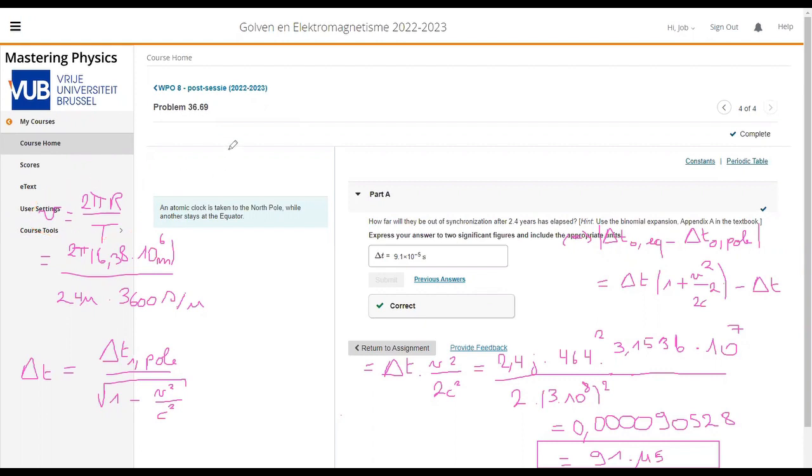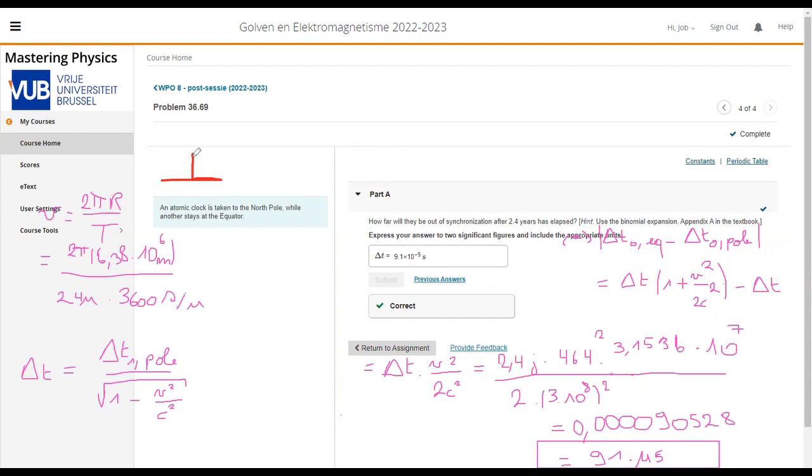So you have the Earth, and this is your equator, and they are moving from this point to this place, and that's why I chose my R, because the R was like the equator.